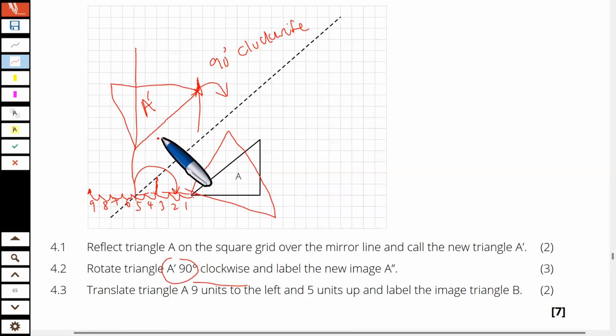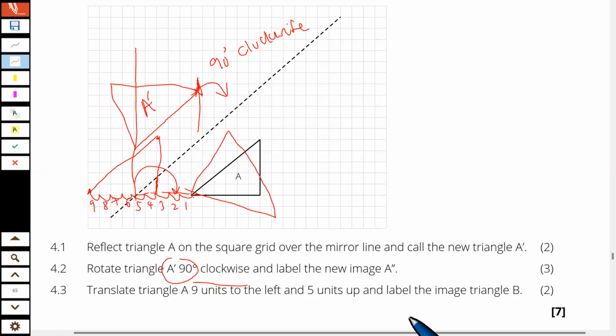So you're here. So now you put this one here, like this. Okay, translate the image 9 units and 5 units up and label it image B.